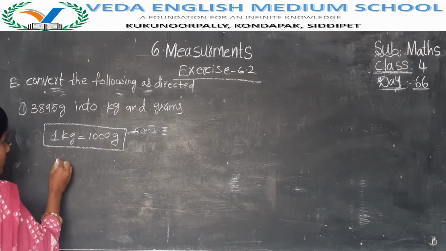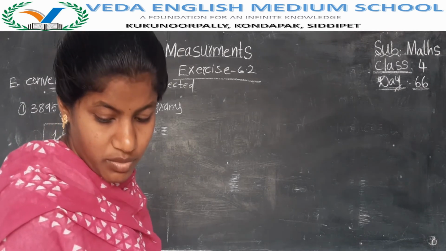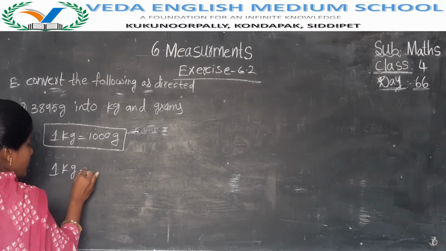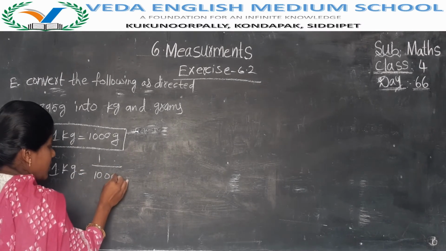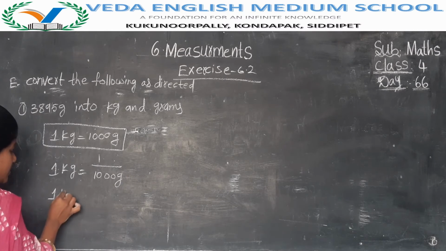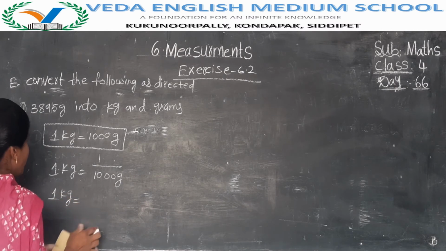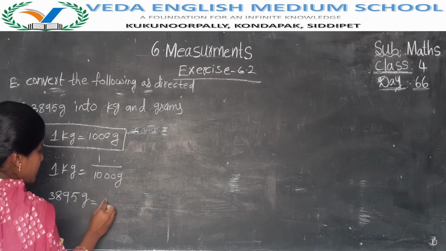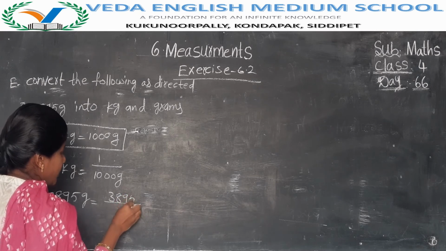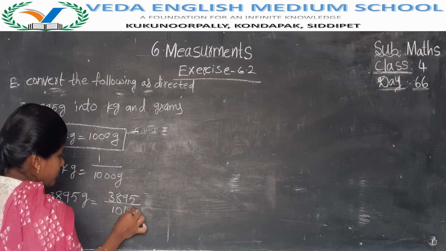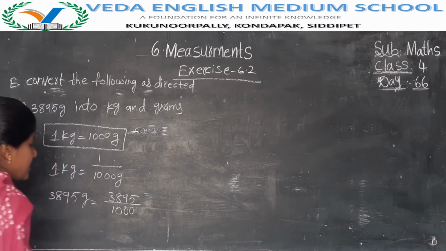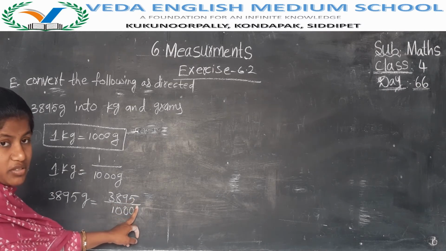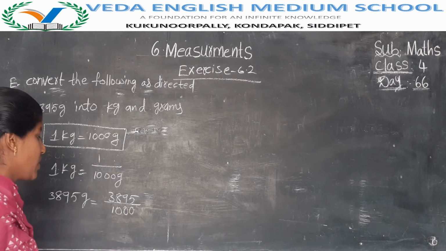So 1 kg is equal to 1000 grams, and we divide 3895 grams by 1000 grams. When you divide like this, the number which is first is kilograms, and the remaining are grams.